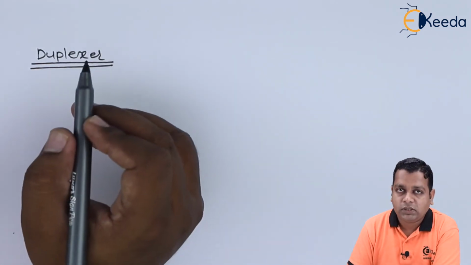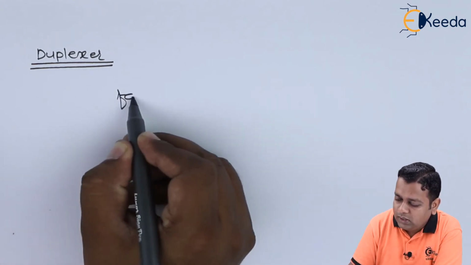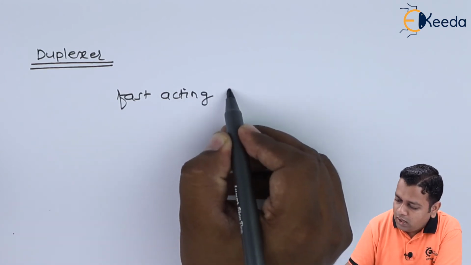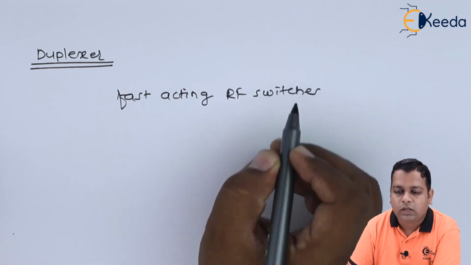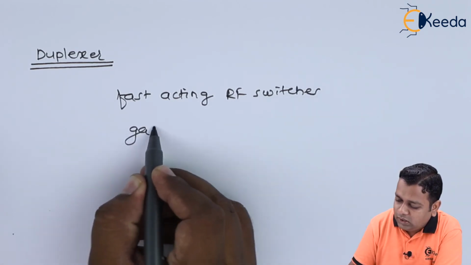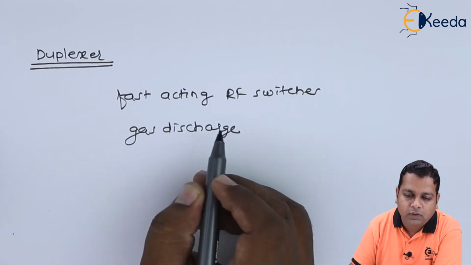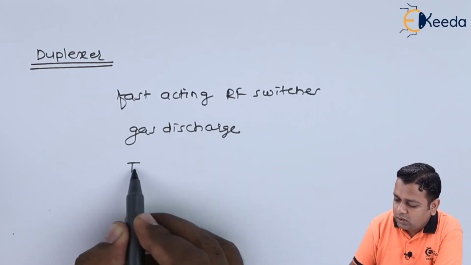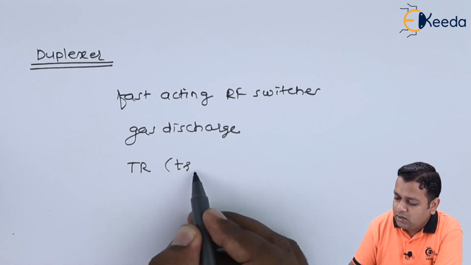The duplexer mode employs fast acting RF switches, the fast acting RF switches or the gas discharge tubes, which are called capital TR for transmit and receive.